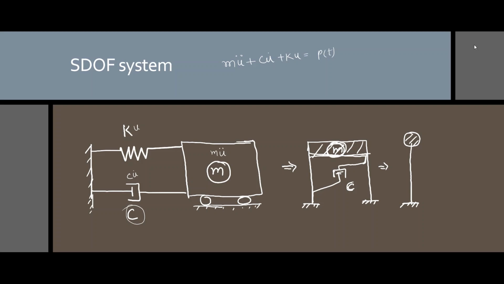For the structural system, we assume that a building is a frame where the mass is concentrated at the slab level and the column is massless, and the stiffness is in the column.